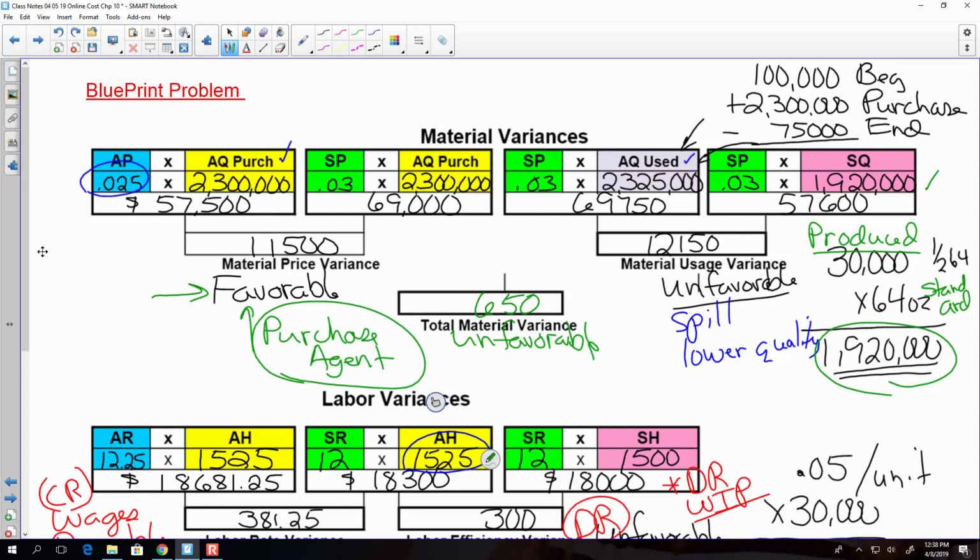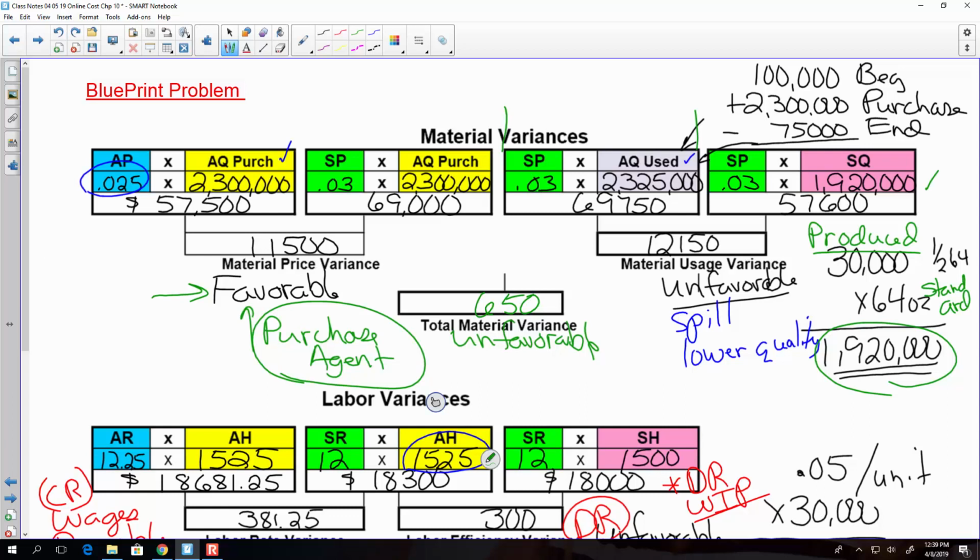And I look at my used amount, and boy, that's quite a difference. So we used a lot more than what we thought, which is unfavorable. And we look at how much that computation is. I'm simply multiplying the two numbers in each box, right? Here I'm looking at 0.03 times 2.325 million.